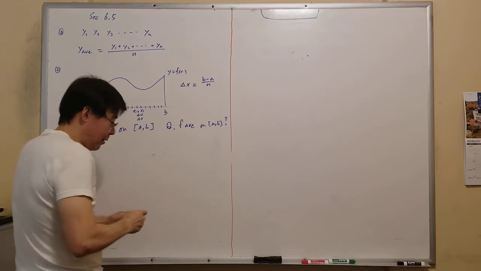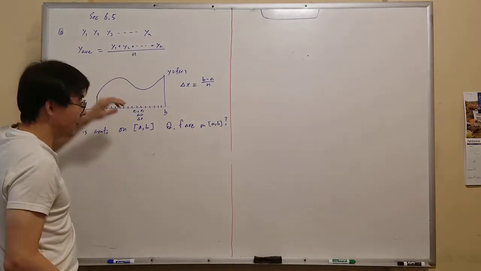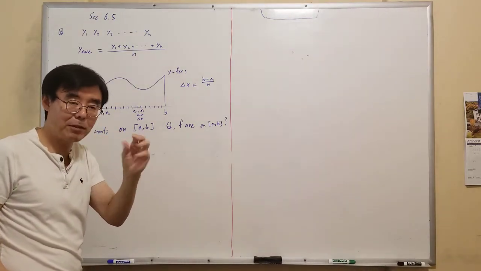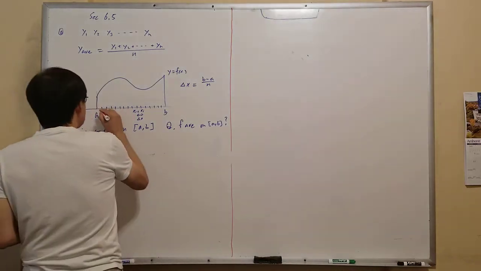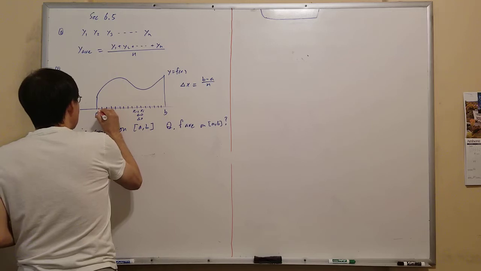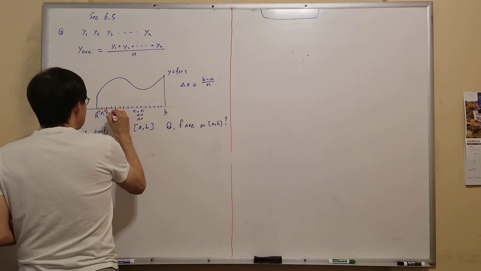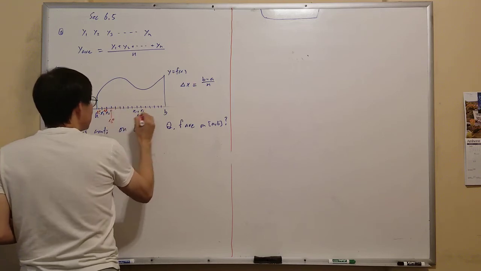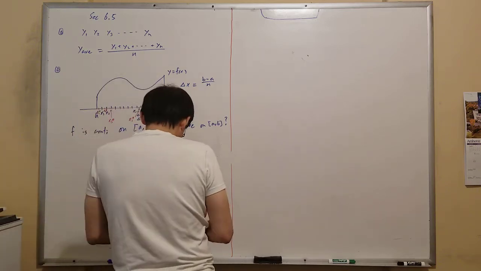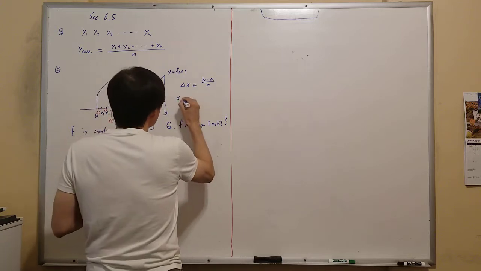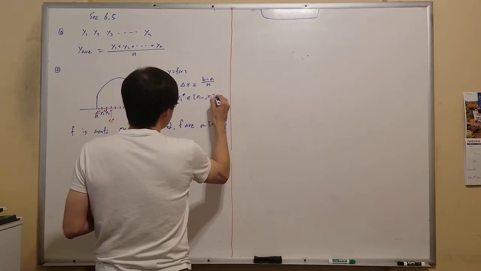For each subinterval, because f is continuous, if delta x is small, then on each subinterval your function values are very close to constant. It doesn't vary much. So you just consider x1 star, up to xi star, a sample point from each subinterval.